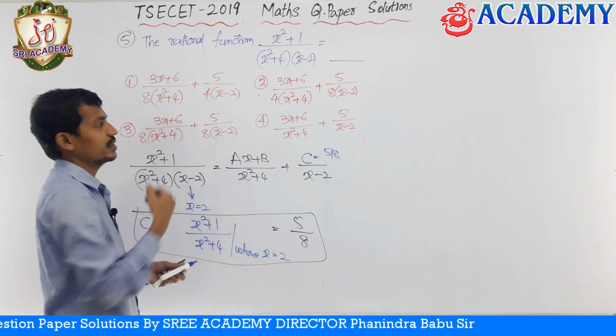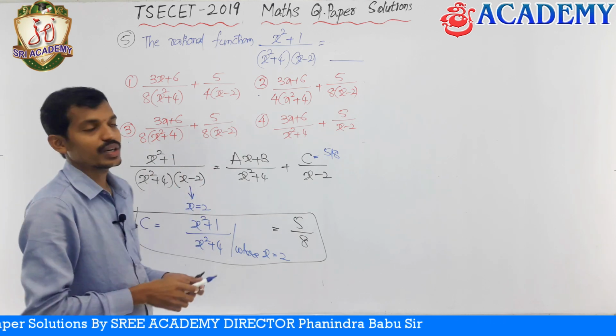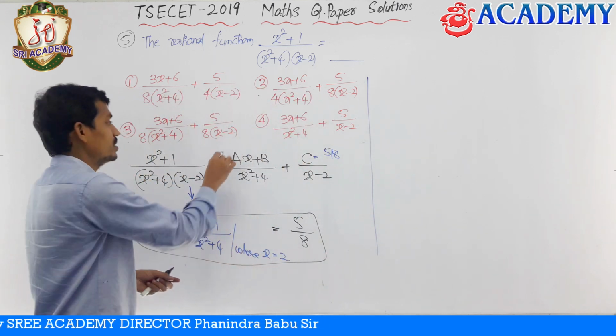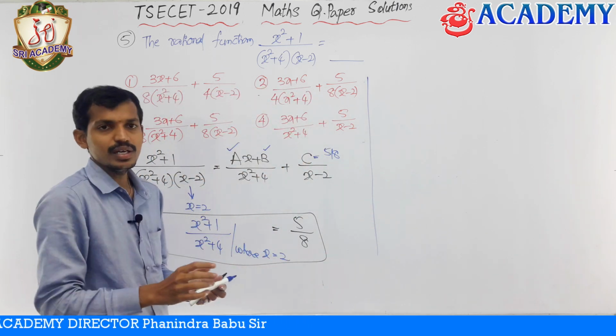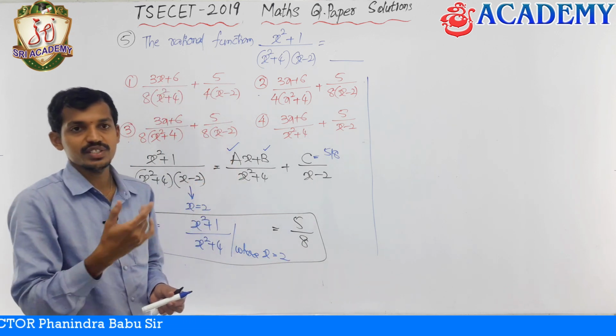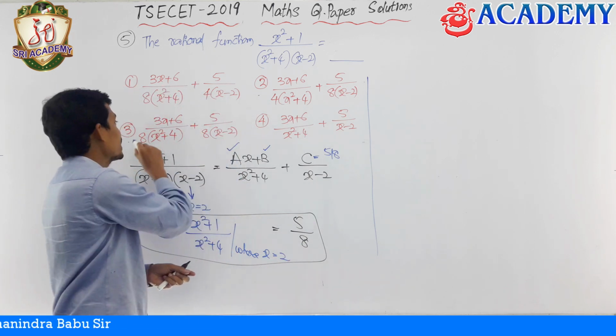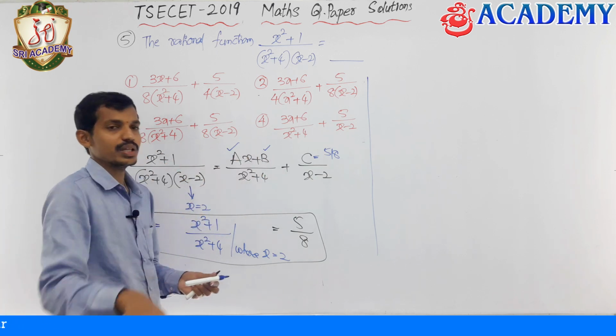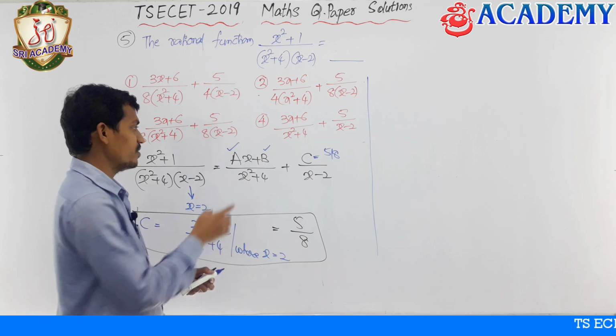Based upon that, if you find one more value, you can decide. I am finding the remaining values A and B. But by getting one more value only, you can decide whether either option 2 or option 3 is correct. I am finding A and B both, but first I will find the B value.